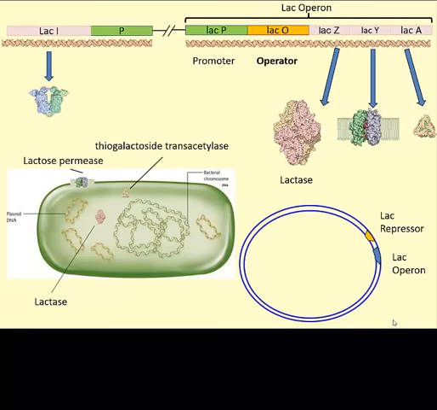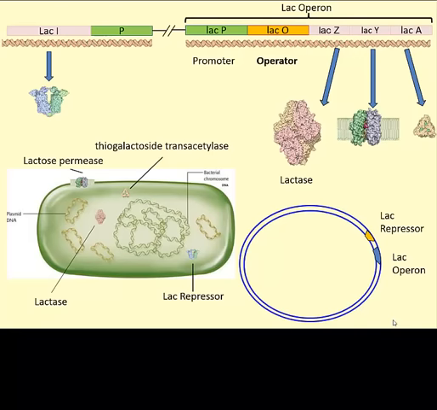Finally, lacA encodes a minor enzyme that chemically modifies lactose during its metabolism, which is also located in the cytoplasm of the cell. The lac repressor, the gene product of the lacI gene, will also be found in the cytosol.